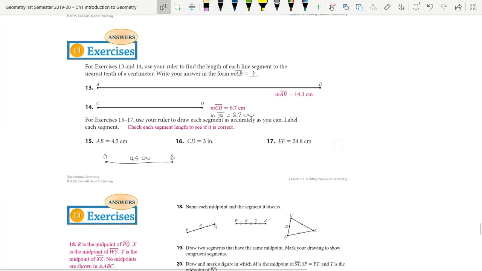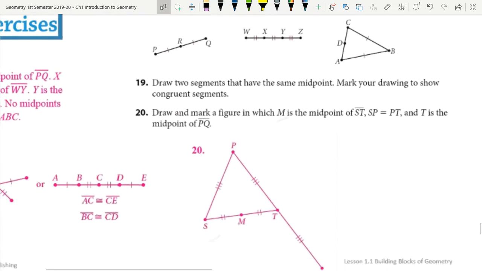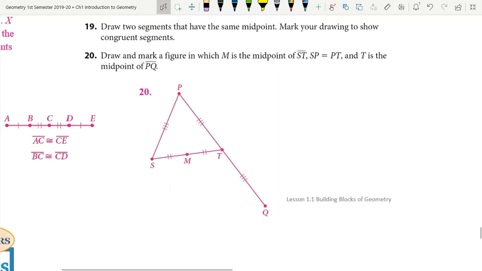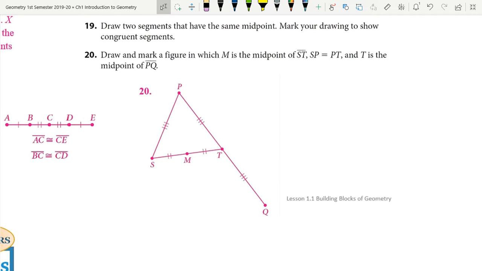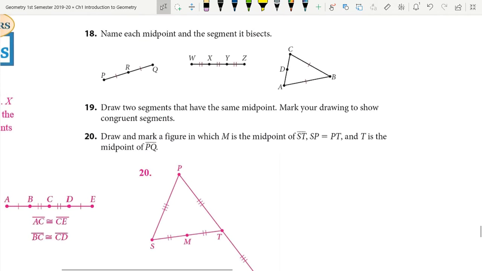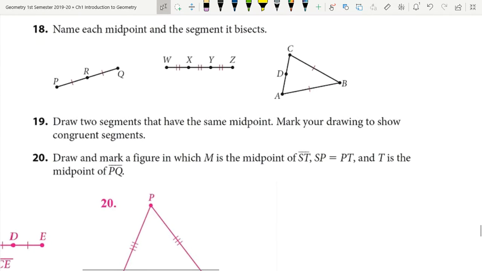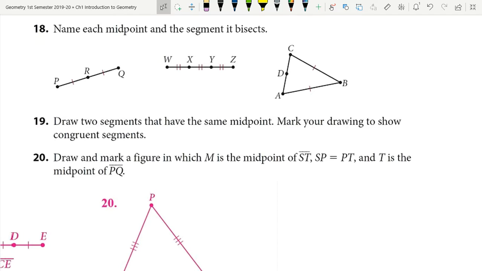Number 18 is next. Name each midpoint and the segment it bisects. And so with this one, the midpoint here would be R, and R bisects segment PQ.